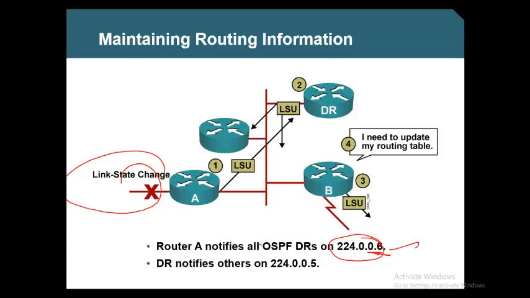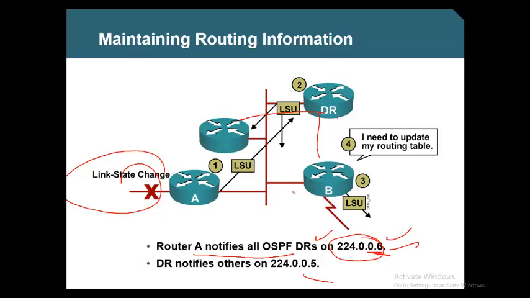So all notifications are sent to DR using this address. And DR is now going to share that information to others by using .5, meaning if any packet is sent to .5, all other routers can receive it.